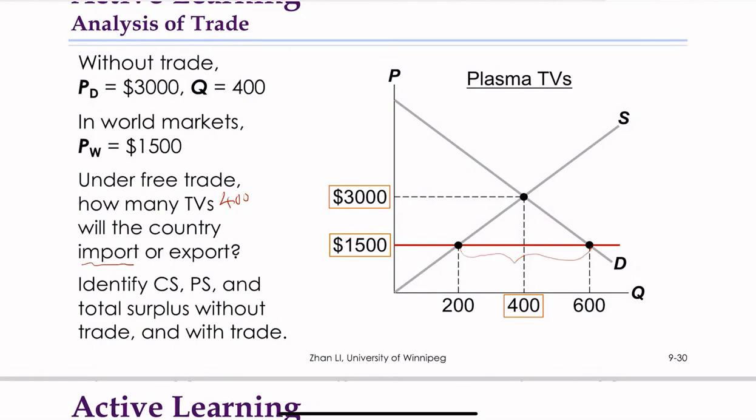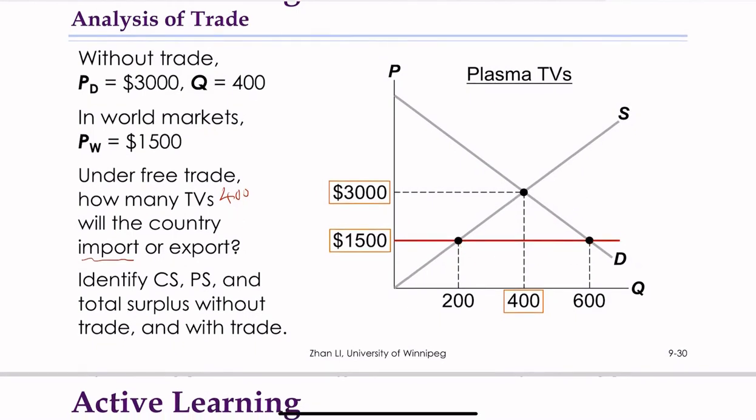Identify consumer surplus with or without trade. Well, this is easy, right? So if there is no trade, consumer surplus is given by this triangle, right? So what is the base here? It's just 400. What is the height?